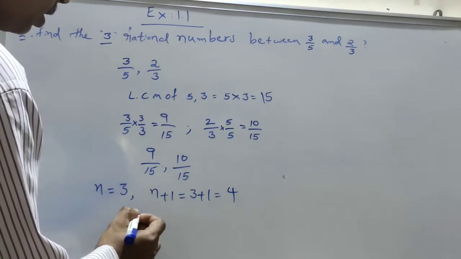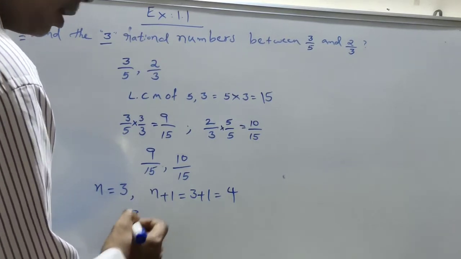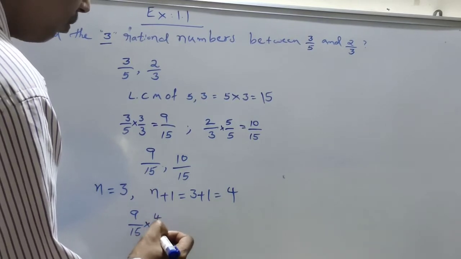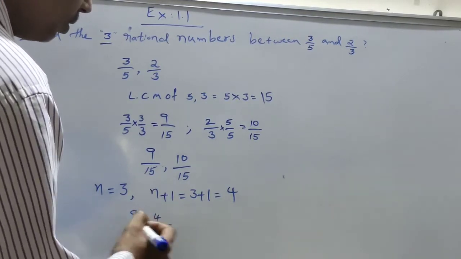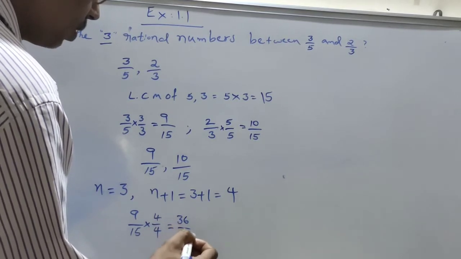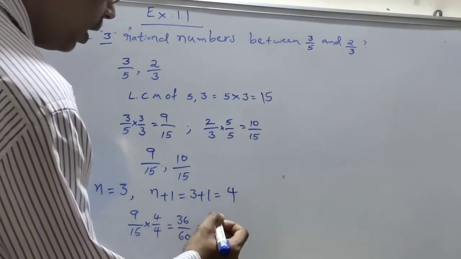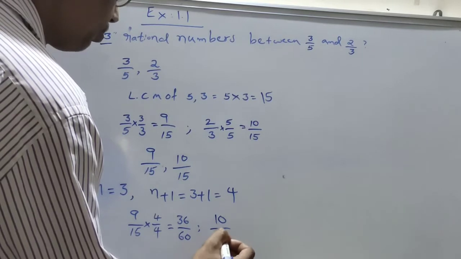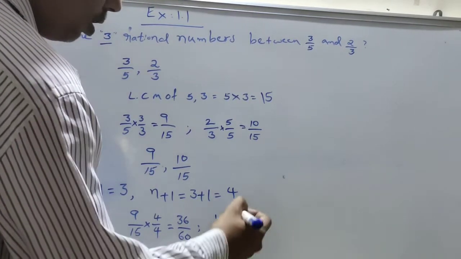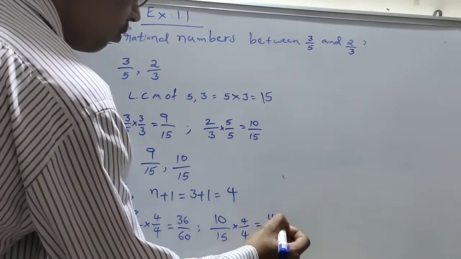Again take that 9 by 15 and multiply by 4: 9 times 4 is 36, 15 times 4 is 60. Simple way. And again 10 by 15, here also multiply numerator and denominator by 4, we get simply 40 by 60.